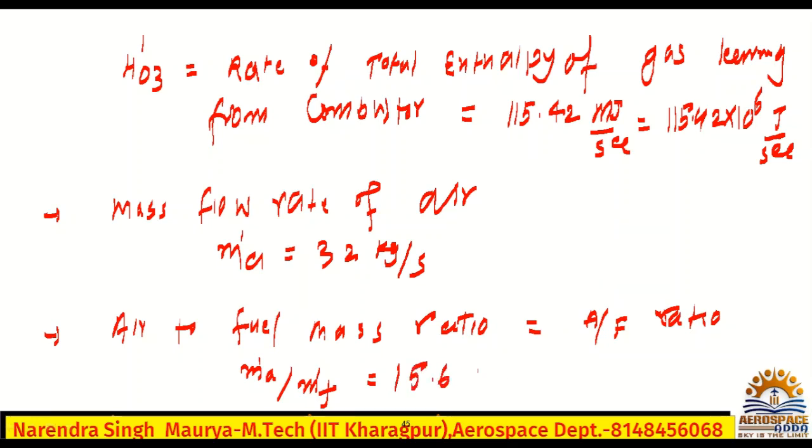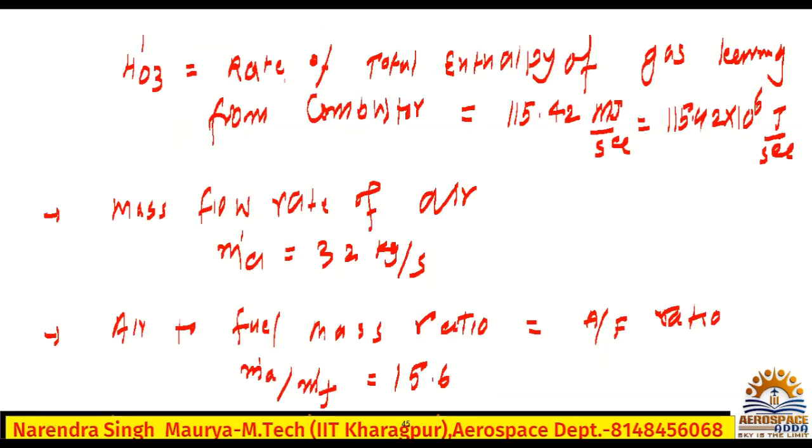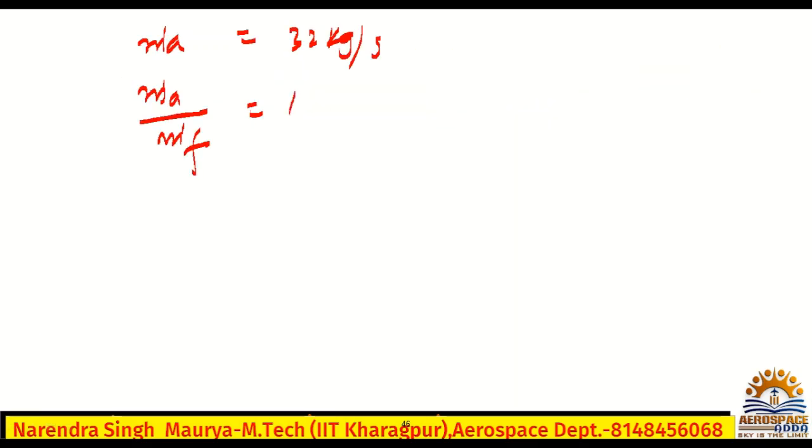Now we can check. They have given m dot A as 32 kg per second, and m dot A divided by m dot F as 15.6. So we can calculate m dot F. Why am I calculating it?